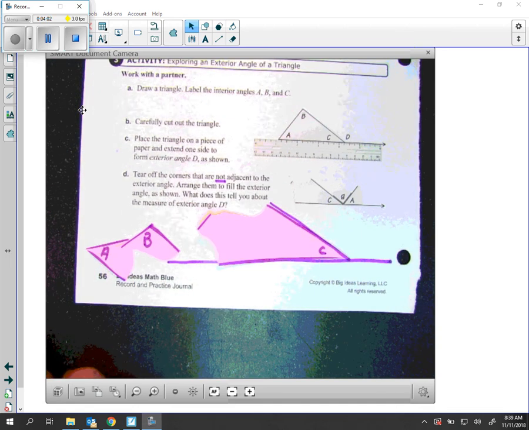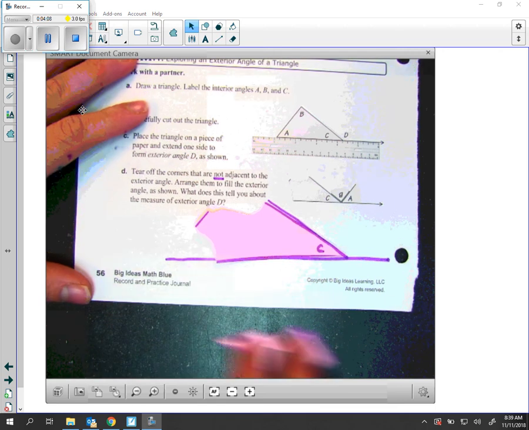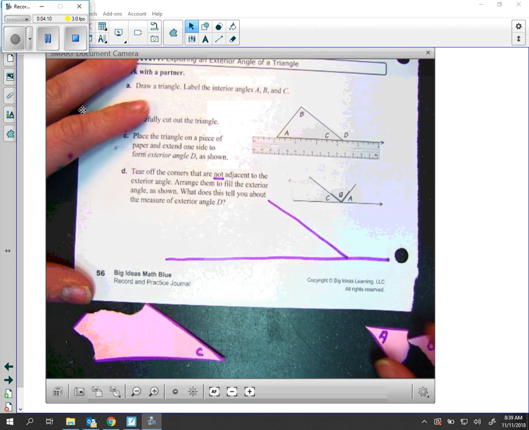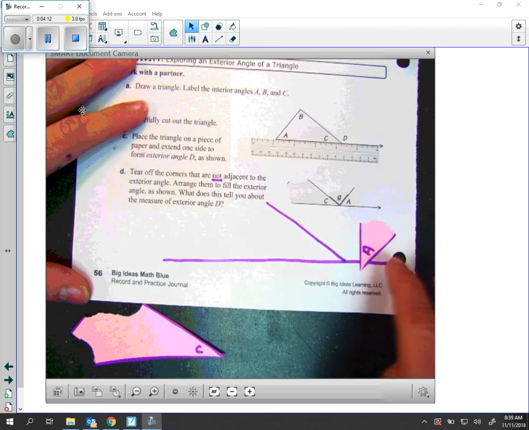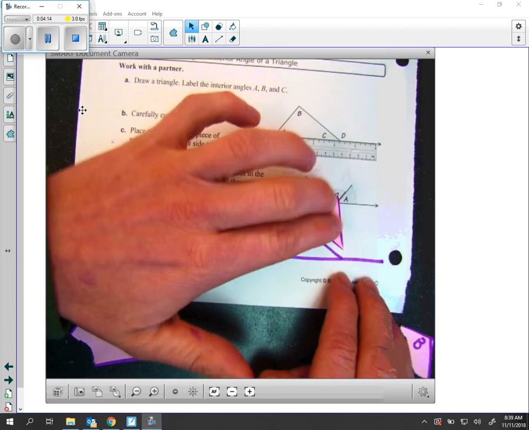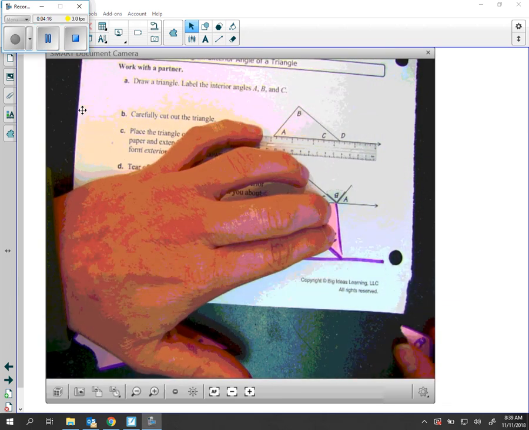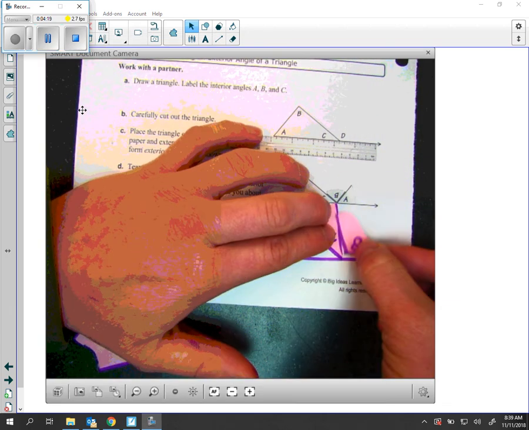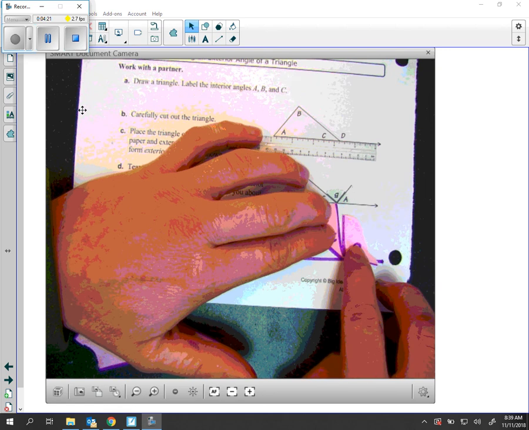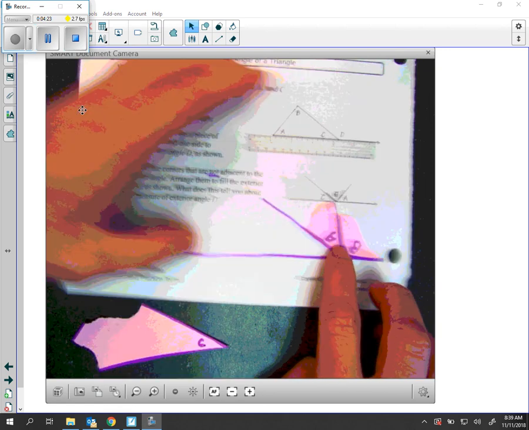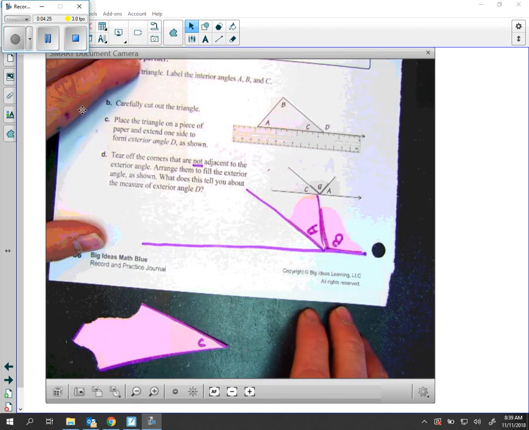Now it says to arrange them to fill the exterior angle. If I take those two angles, A and B, I can fill that exterior angle. They fit perfectly in that space. That's my exterior angle.